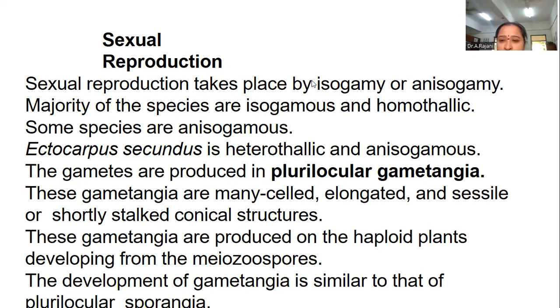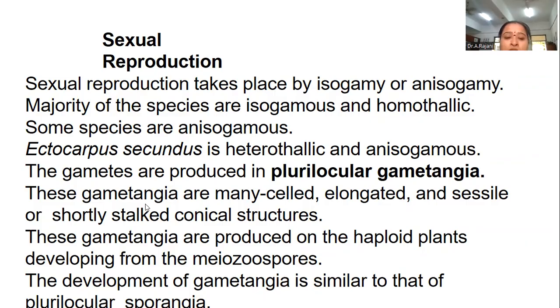The majority of species are isogamous. And homothallism is also present. Here the plurilocular gametangia may be elongated cells. These gametangia are produced on the haploid plant, and each and every haploid plant develops into the gametes.